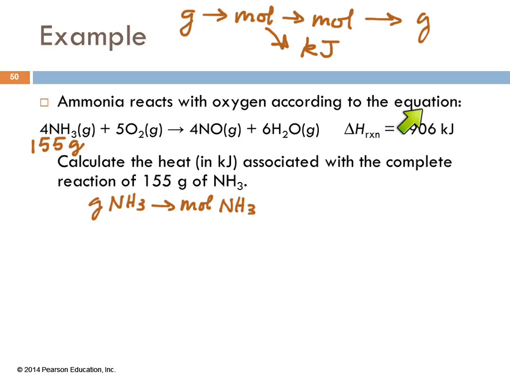Because this relates to these molar amounts, and so we don't have to go moles of this to moles of something else. We can go directly from moles of anything to energy. And sometimes this little thing comes at the end, and sometimes it comes at the beginning. So we're going to go grams of ammonia to moles of ammonia directly to kilojoules of energy.